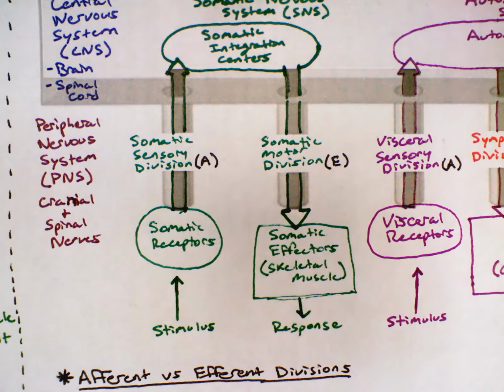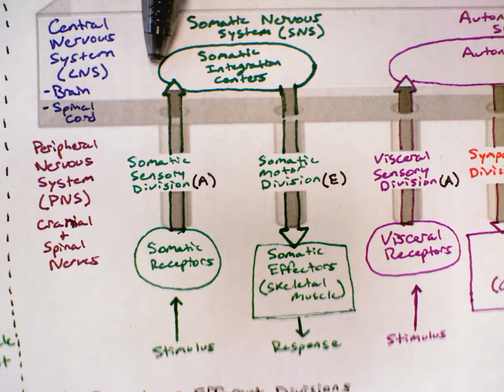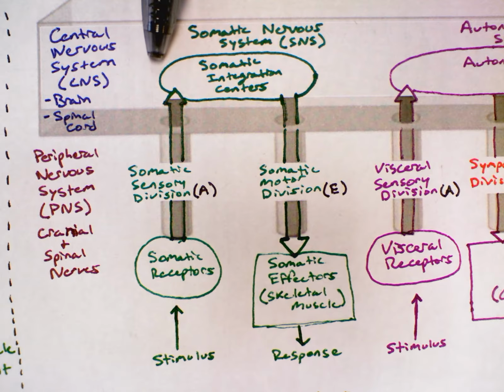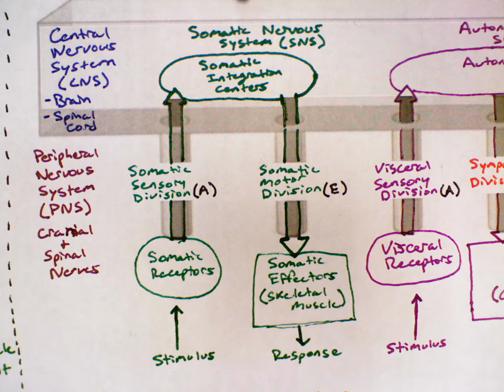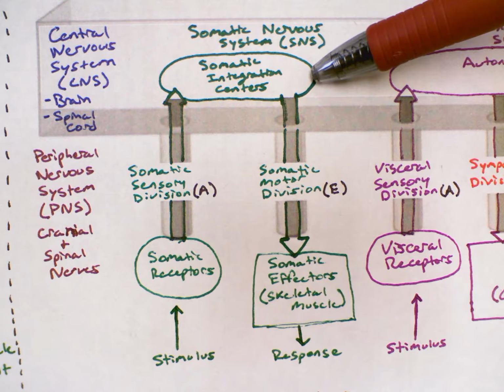That information is then going to enter the central nervous system. The part of the somatic nervous system that is found in the central nervous system is called the somatic integration center.